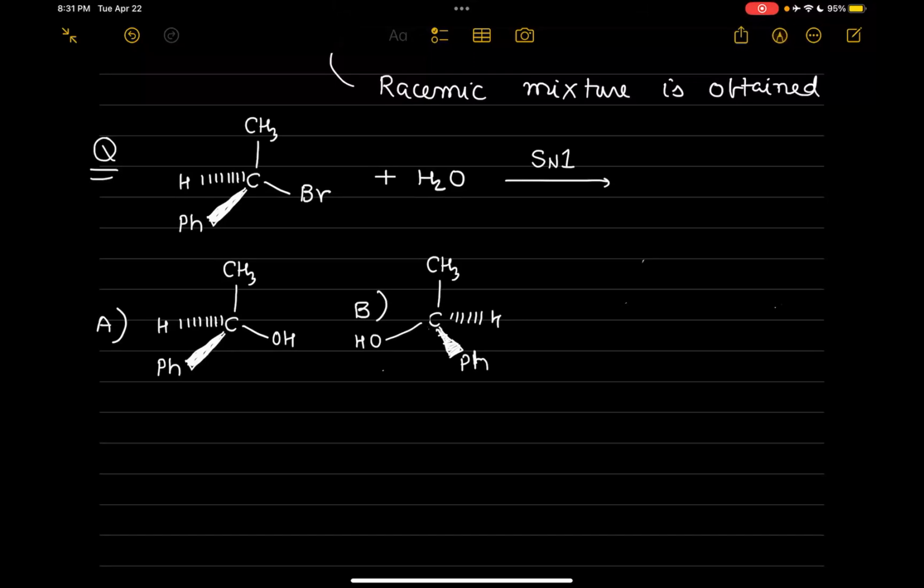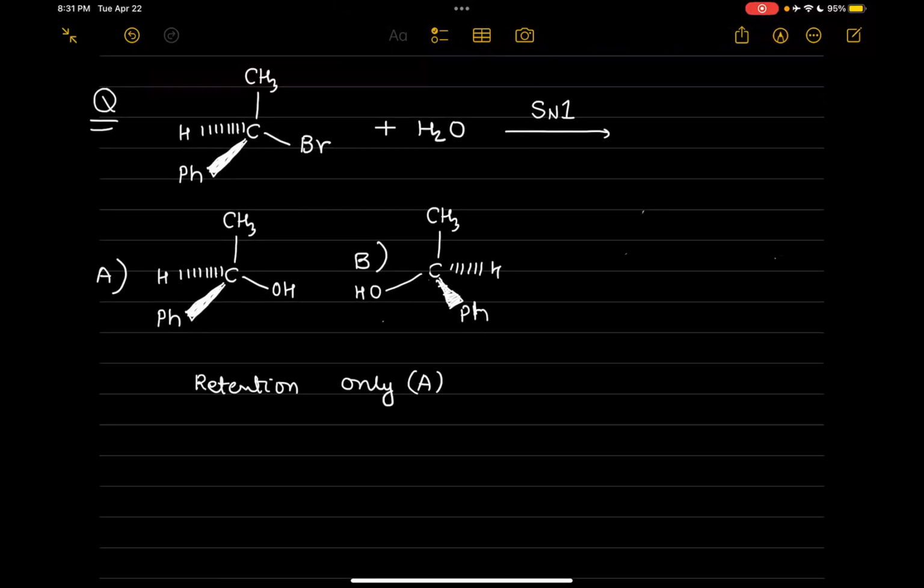Retention means on the same side where the leaving group was. Or you are getting inversion. Inversion means you flip the bonds and connect the nucleophile from the side opposite to Br. Inversion means only B is formed.